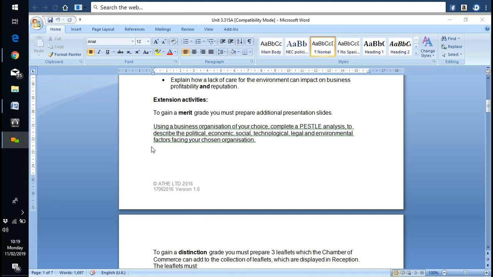And then you choose an organisation that you're going to do a PESTLE analysis on. It needs to be an organisation where you can get the information easily, or where all the information is in the public domain. So it's important that you pick one that you can get the information for. Yeah?